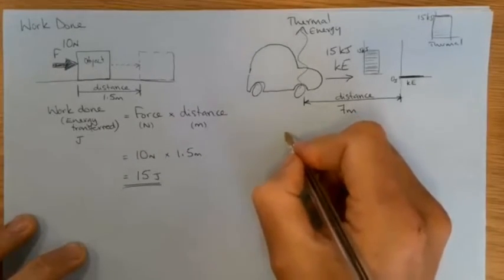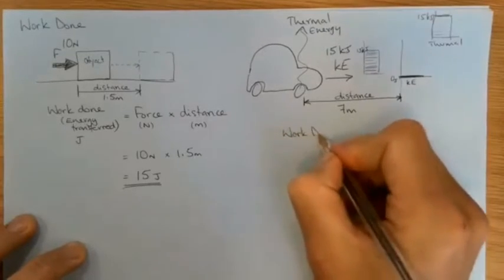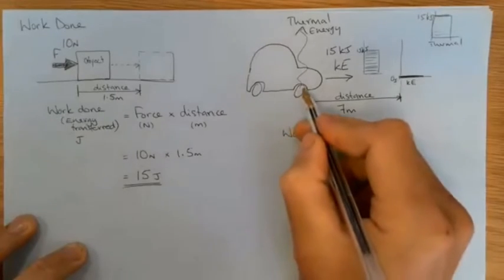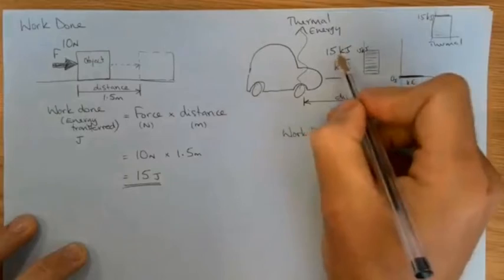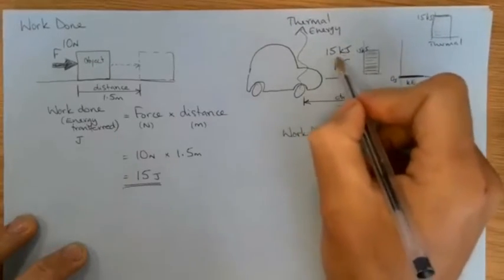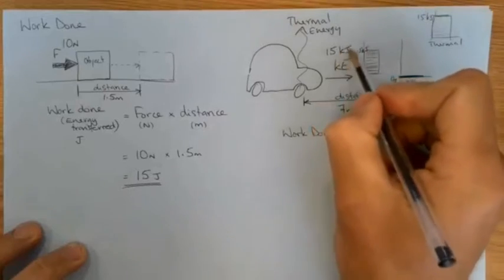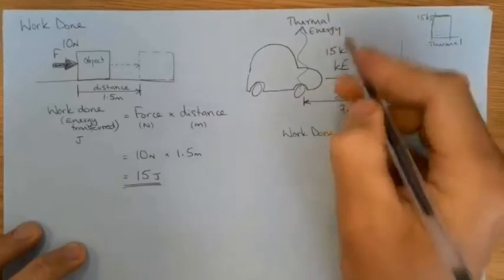So we've got work done. Now the work done by the brakes, the amount of energy transferred, is that 15 kilojoules of kinetic energy. It's the work that has been done on this kinetic energy to turn it into thermal energy.